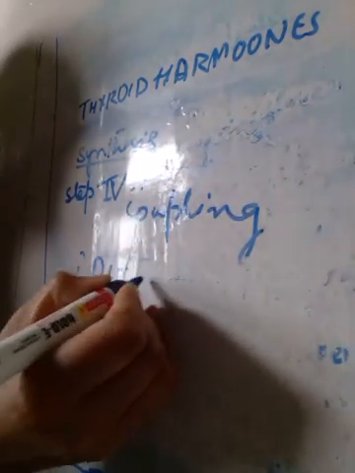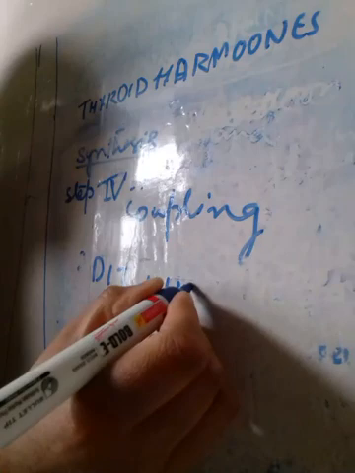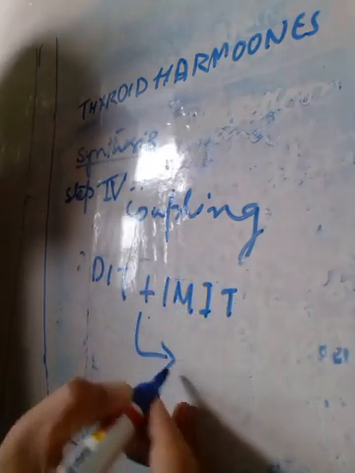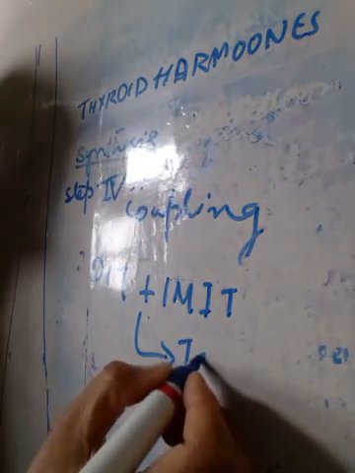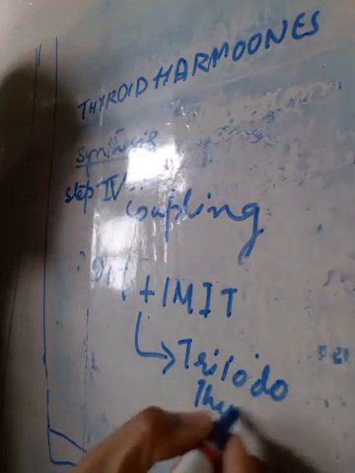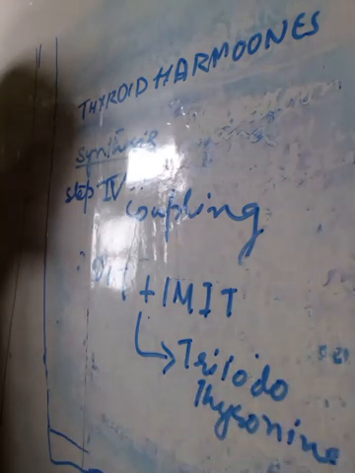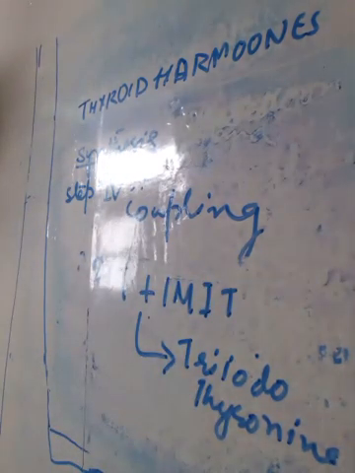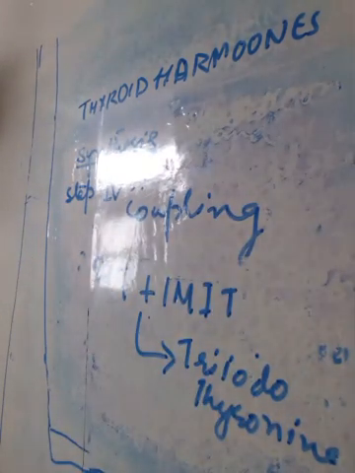Similarly, one molecule of diiodotyrosine plus one molecule of monoiodotyrosine combine to form triiodothyronine, T3. So this was the synthesis of the thyroxine, which is secreted by the thyroid gland.